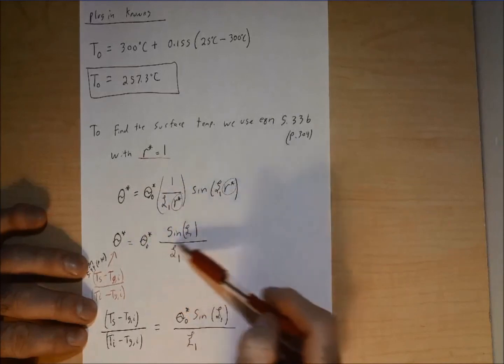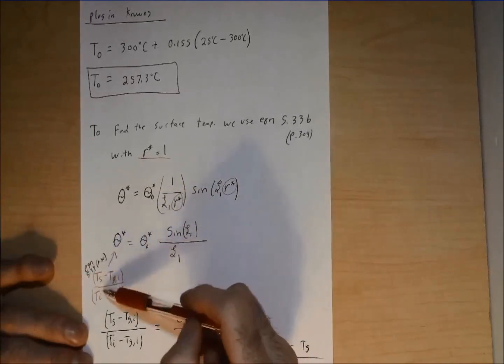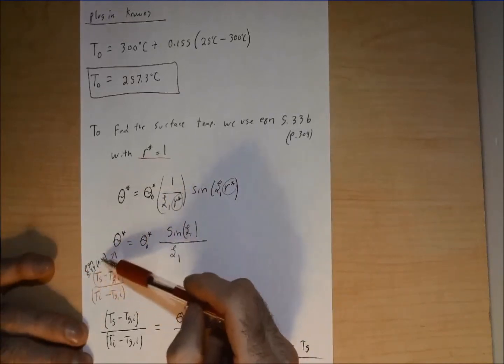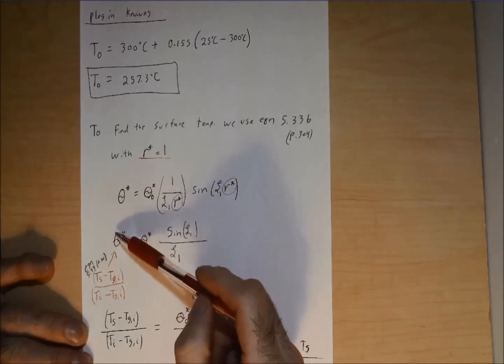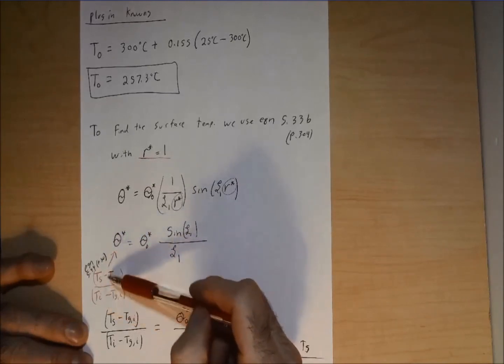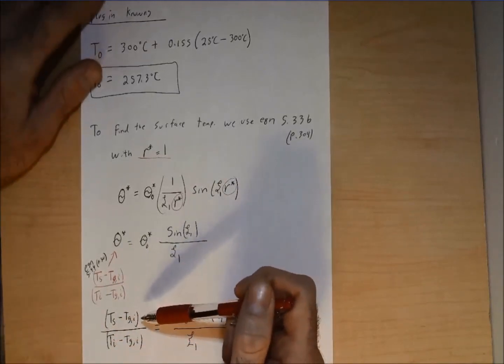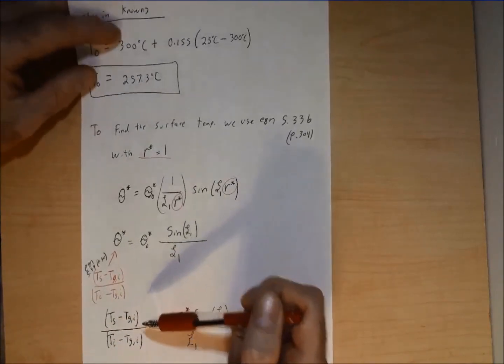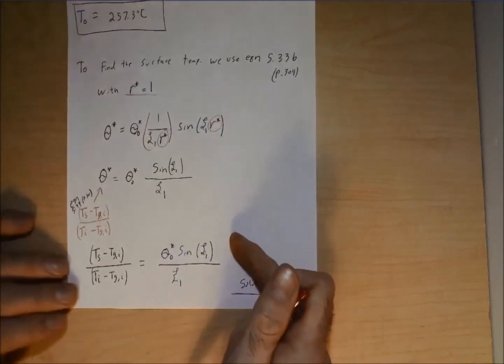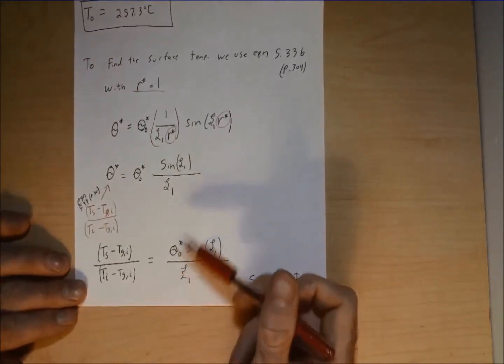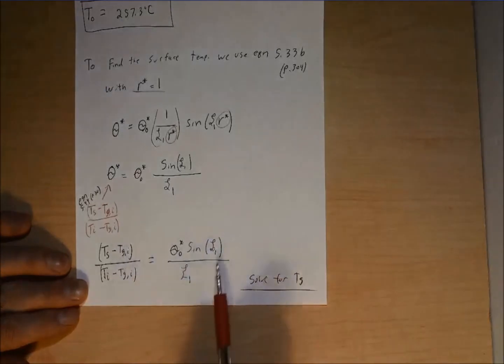We do that, and we end up with this relationship, where we can now use equation 5.44 from page 300, which we just used in the previous portion of the solution, for this ratio of the temperatures. Once we've plugged equation 5.44 into equation 5.33b, we can see this relationship that we see here.